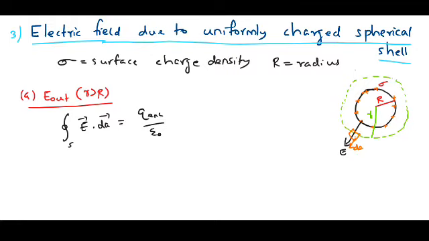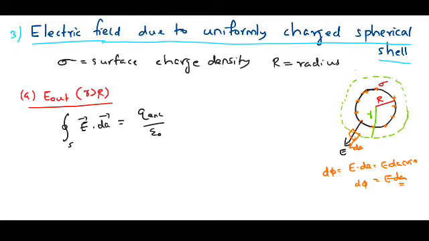Therefore, in E dot dA, the angle between E and dA is equal to 0. So E dot dA is equal to E dA cos 0, that is E dA. This is a small flux through the small area dA.